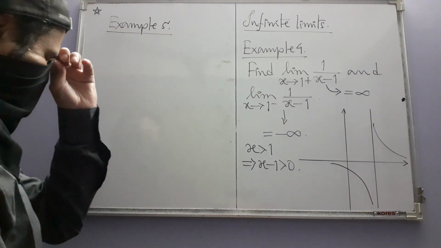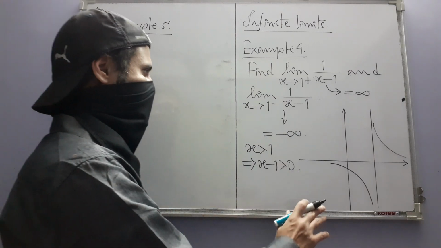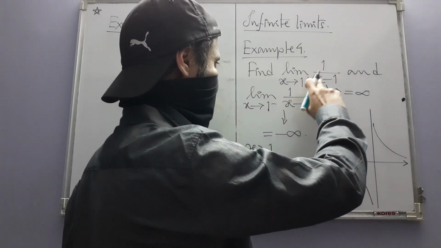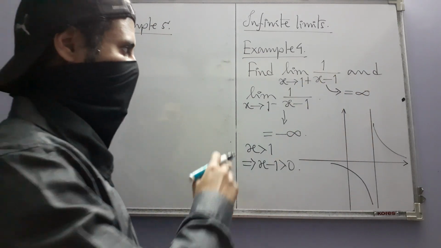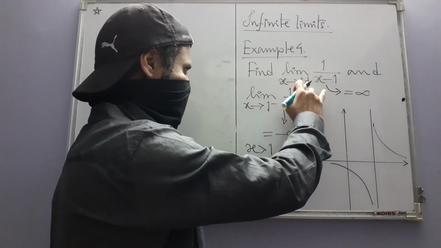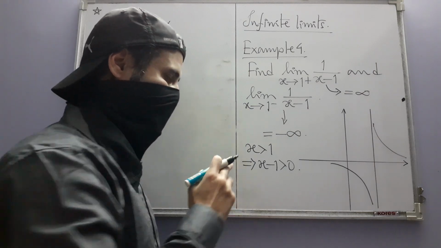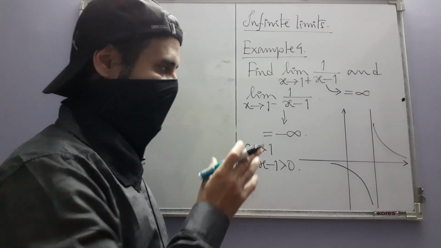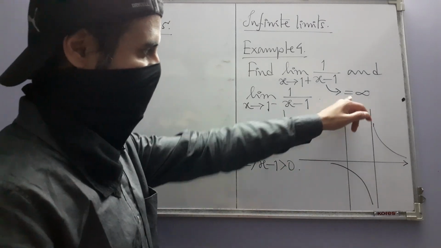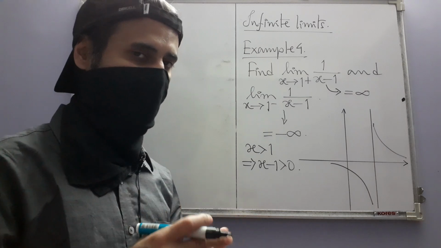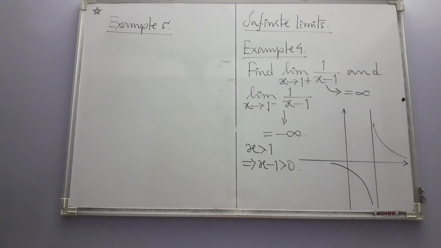So, example 4 had one-sided infinite limits. Oh, perhaps we should not say that the limit of this is this. Perhaps this is how we should say it, that the infinite limit of this is this. So, the distinction between ordinary limits and infinite limits can be given like this. If our limits are infinite, we explicitly say infinite limits. But now we are going to see two-sided infinite limits.